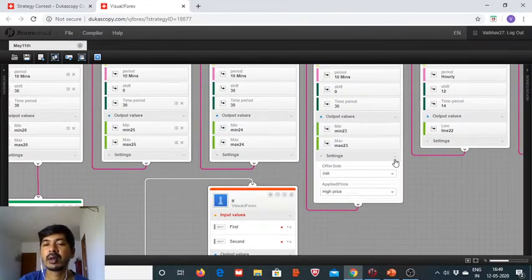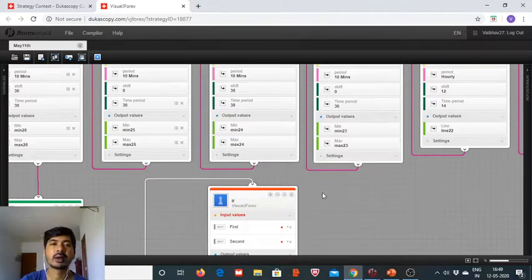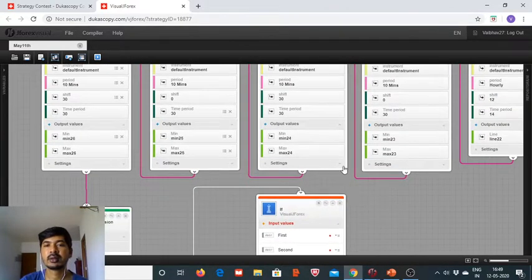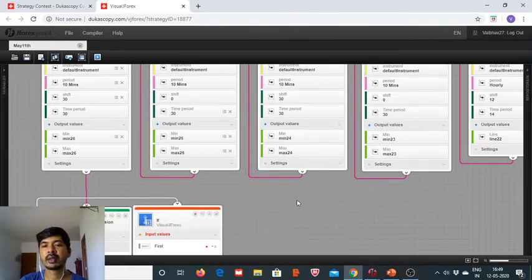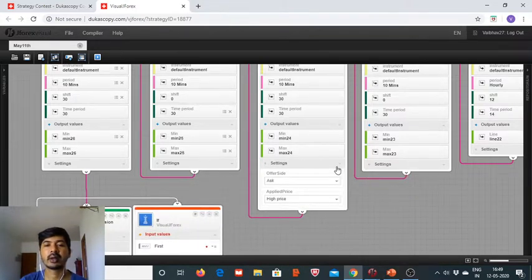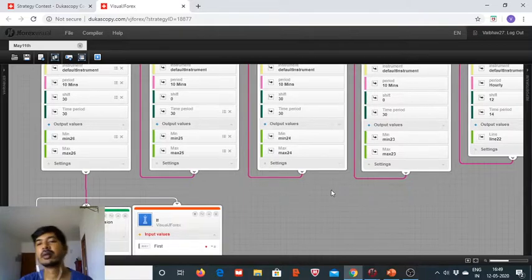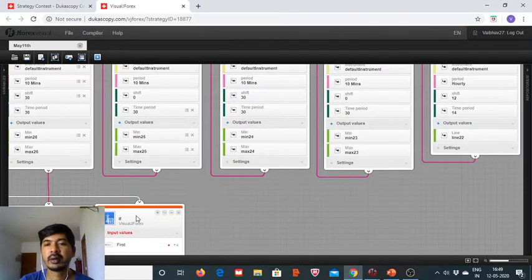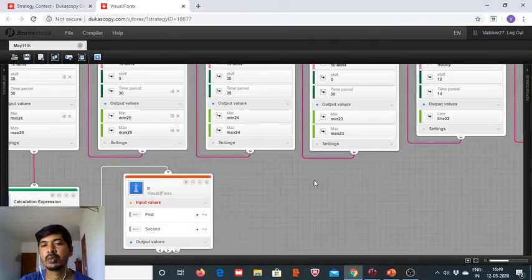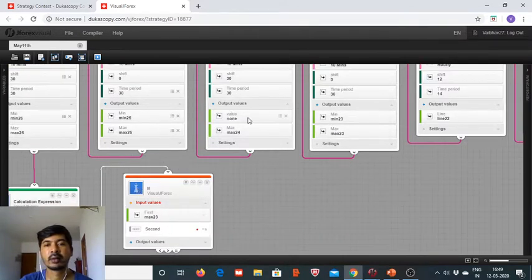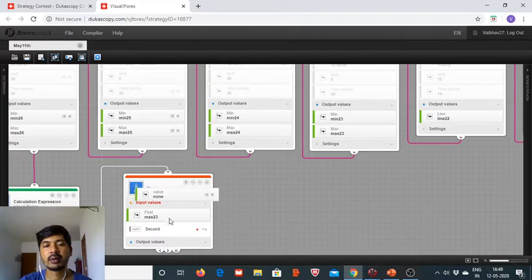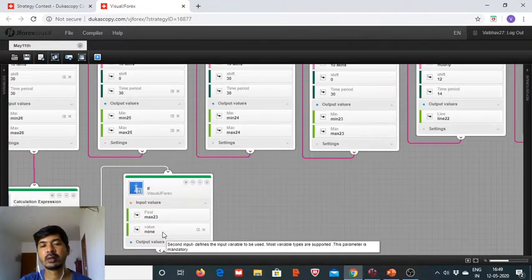And here we again want it to be ask high price. This one also is ask and high price. Okay, so the maxima 23 should be greater than maxima 24.